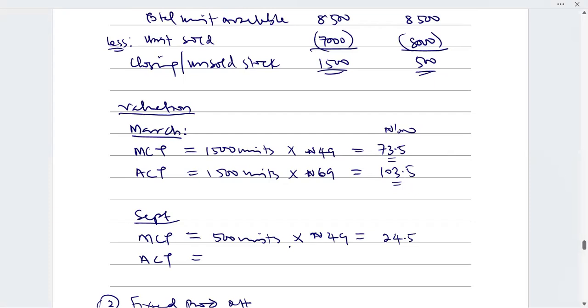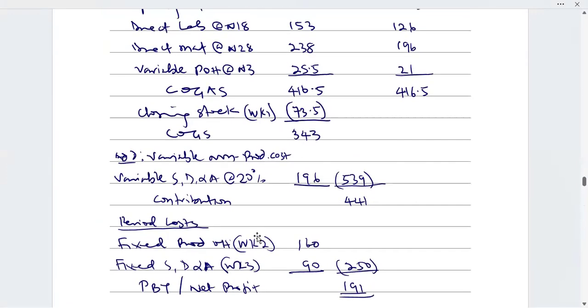Then under ACT, 500 units multiplied by 69 gives 34.5. So we have 24.5 as closing stock.